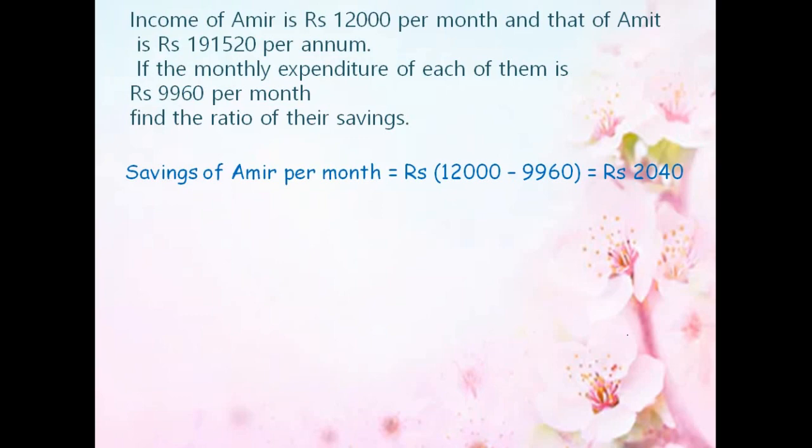It is 1,91,520 in 1 year. So, we need to find the income of Amit for 1 month. How can we do it? Using the unitary method. 1 year means 12 months. So, the income of 12 months is given as 1,91,520.